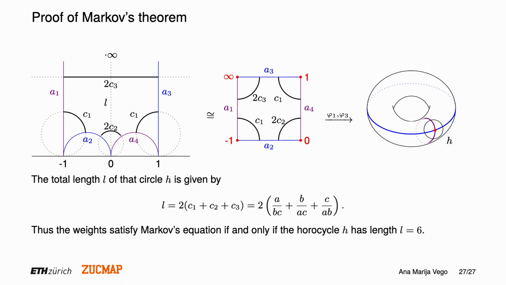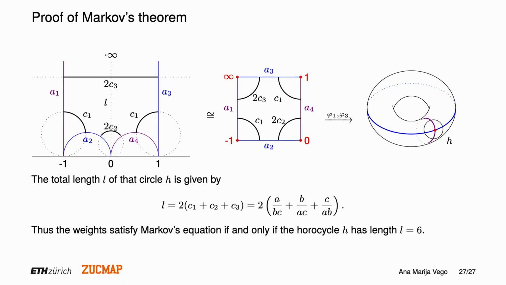And if we use that equation nicely, we can sum up certain arc lengths of circles to end up with a problem of looking at when a certain circle has this property that it's equal to 2 times (A over BC plus B over AC plus C over AB). And how we obtain this circle is you look at this weird hyperbolic rectangle and you glue it together, and if you connect all these arc lengths of circles, you get a big circle.